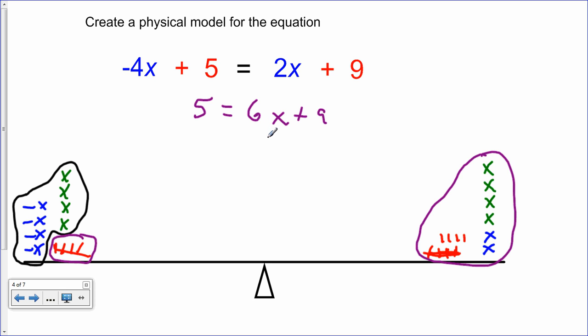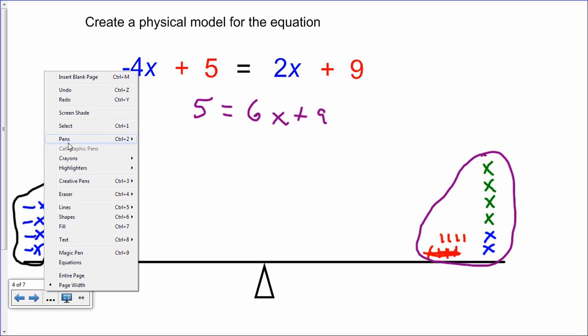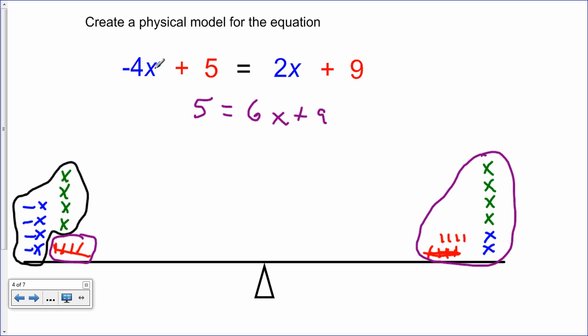Now, the essential question is, we don't have to do this balancing act every time unless you want to do it mentally. Essentially, you're asking yourself, negative 4x compared to 2x, which side is greater?